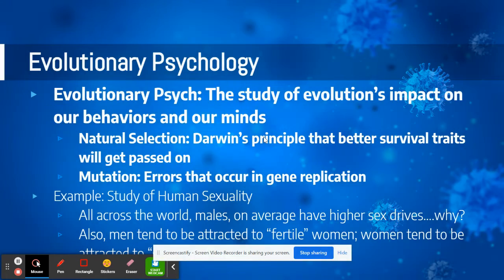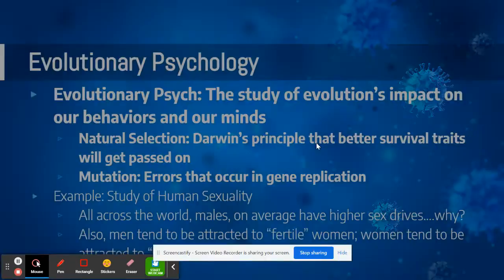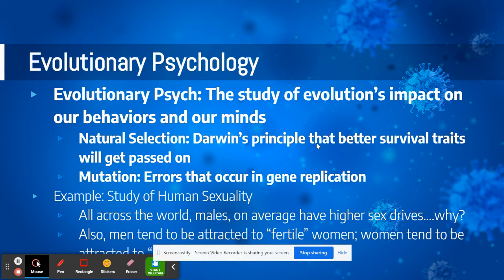All right. Okay. Last slide, evolutionary psychology. So I mentioned evolutionary psychology when we were studying our first unit, when we were talking about the different approaches to psychology. As I said in that first unit, evolutionary psych doesn't get its own unit, but here's some more information on where it does come up.